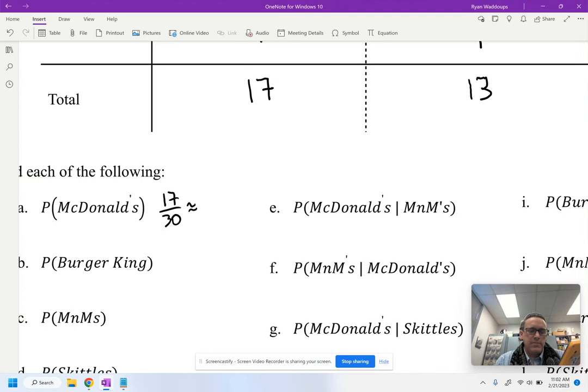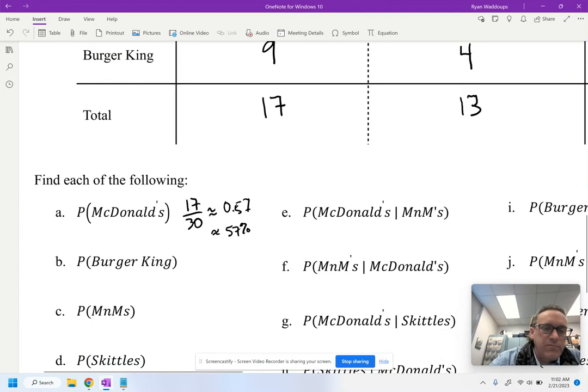If I get my calculator, I get 17 divided by 30, and that's 0.56 repeating, or approximately 0.57. And that's then approximately equal to 57%.